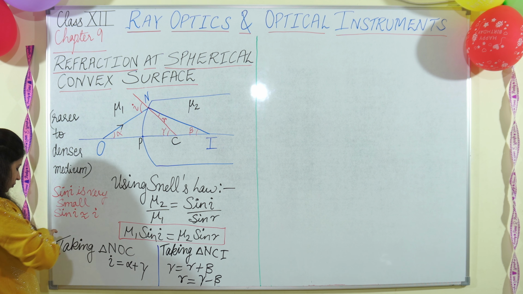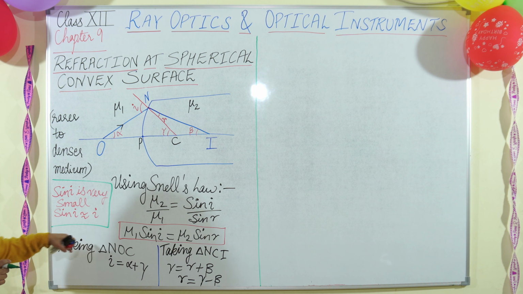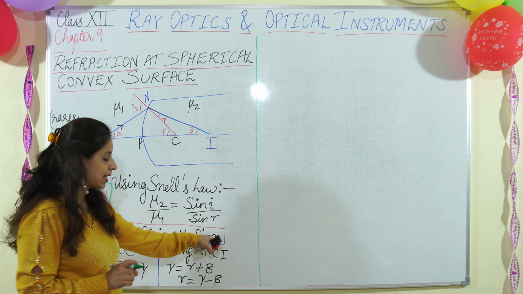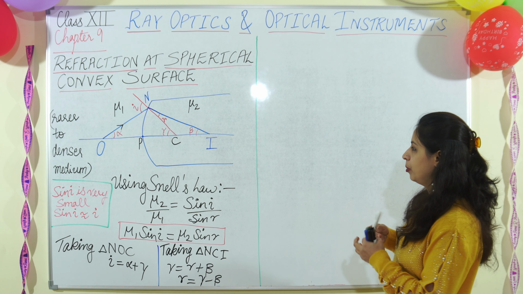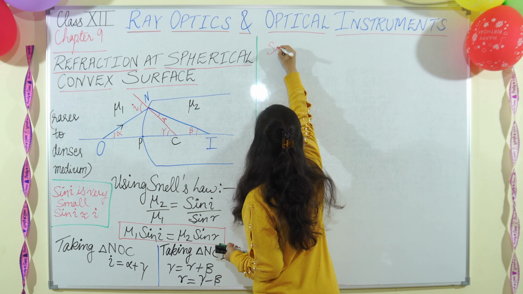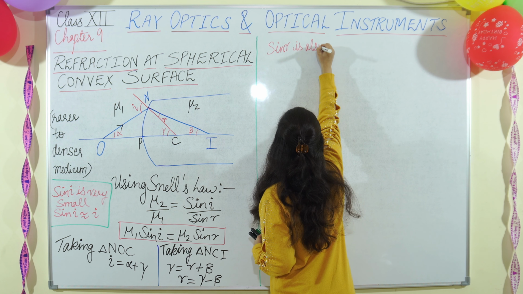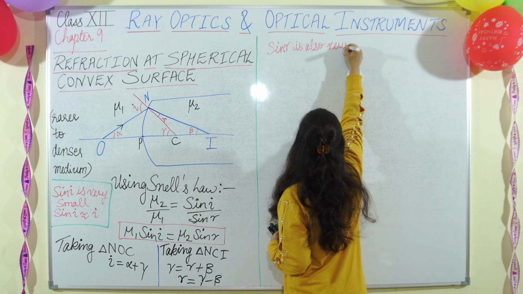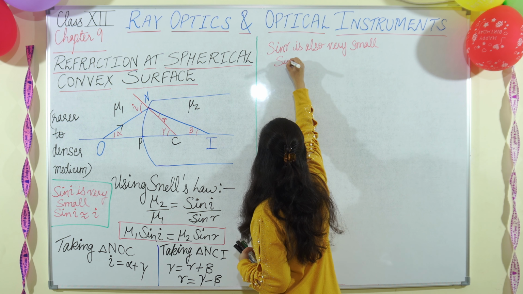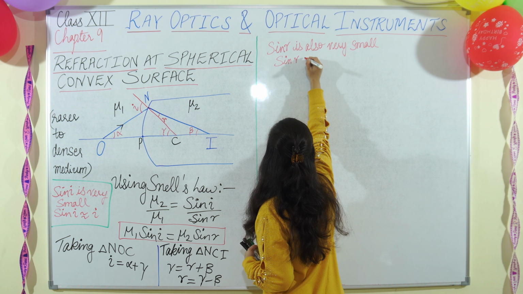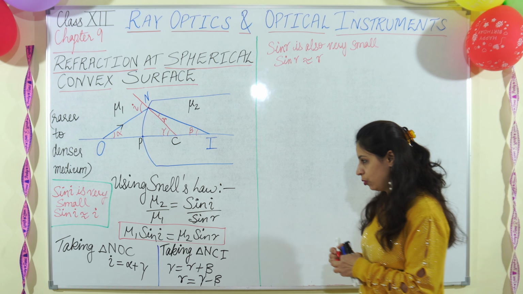Okay. So this is for sine i. Similarly, we can write for sine r. Sine r is also very small, so sine r can be taken to be nearly equal to r.